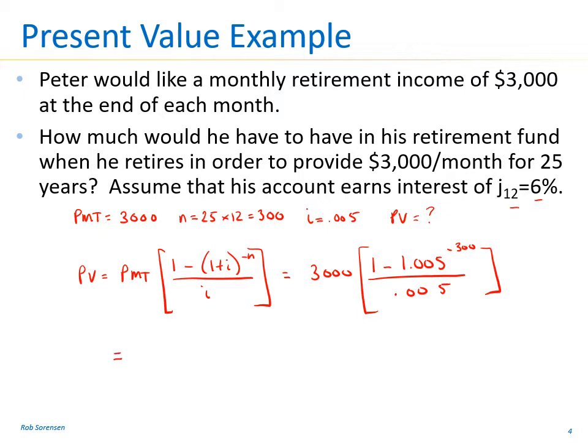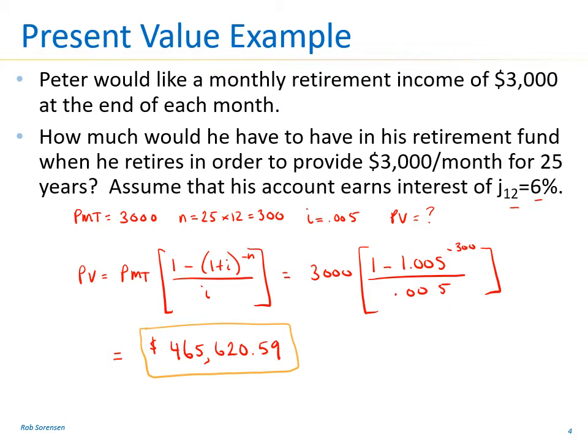If I go and work that into my calculator, I end up with $465,620.59. So that's how much he's going to have in his account on the day he retires if he wants this to all work out.